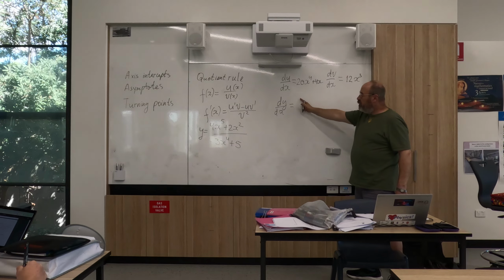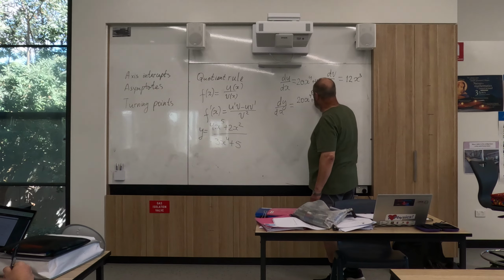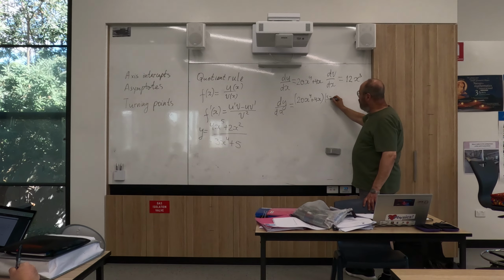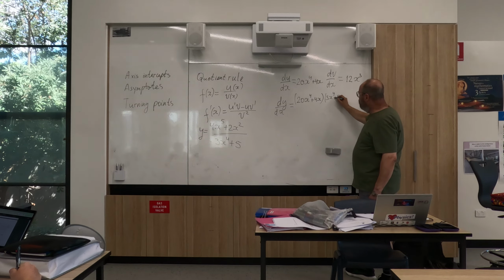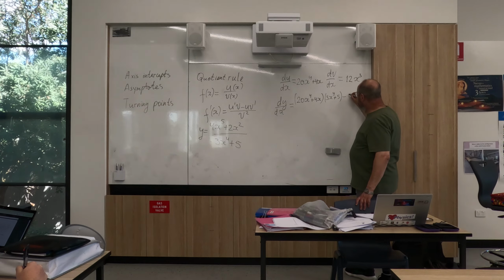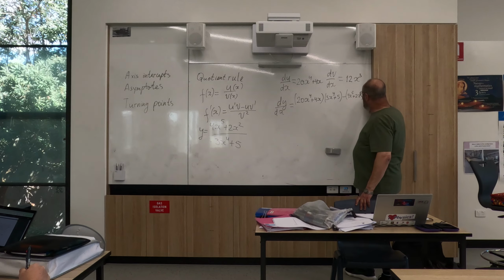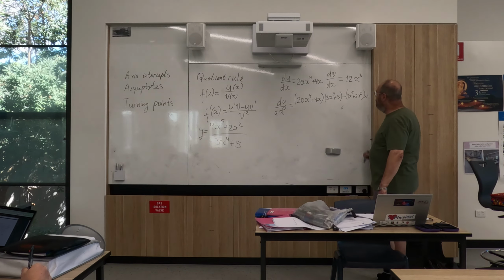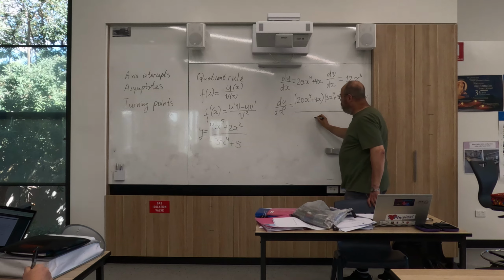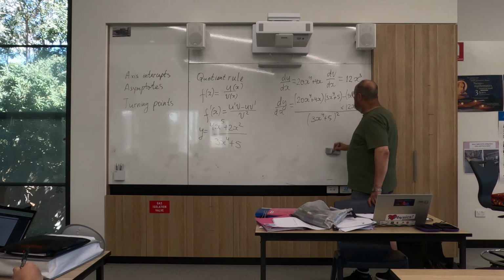We have u dash v, so we have 20x to the power of 4 plus 4x times the denominator 3x to the power of 4 plus 5, minus the numerator 4x to the power of 5 plus 2x squared times the derivative of the denominator 12x cubed, and that all will be over the denominator squared, 3x to the power of 4 plus 5 squared.